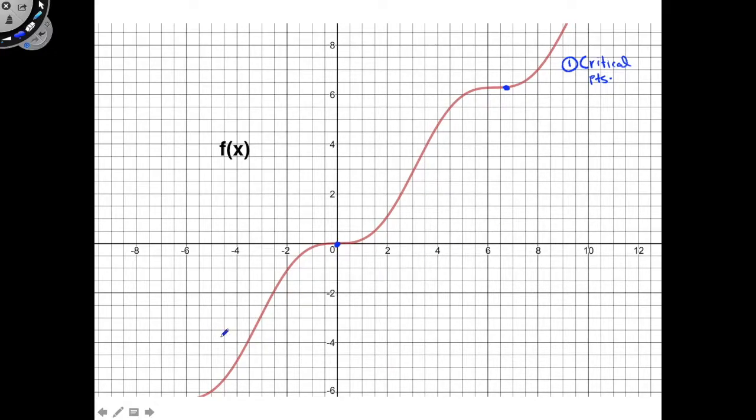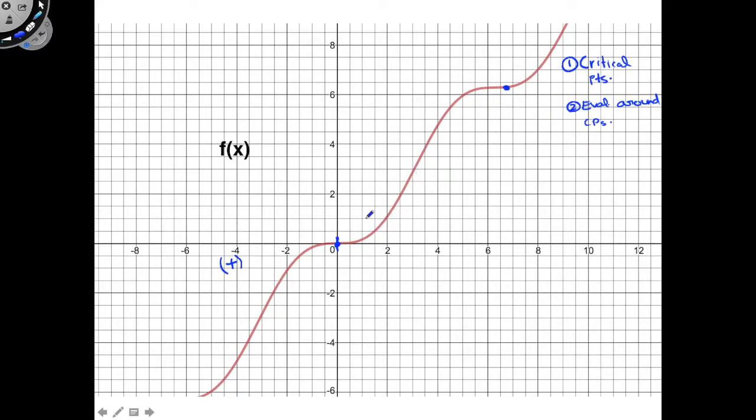All right, so now let's evaluate around critical points. Well, to the left of this critical point, we're going to be mostly positive, right? We're going to be positive all throughout because we're increasing throughout, right? We're not increasing at a constant rate, but we're increasing throughout, so we're going to be positive.